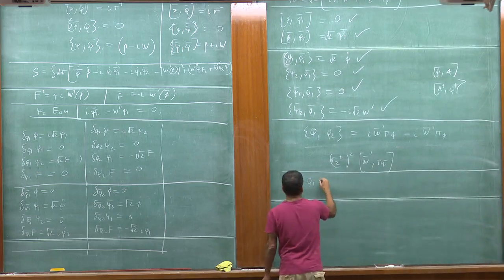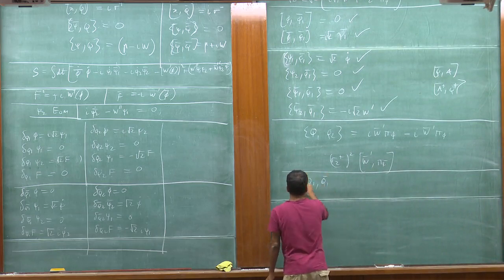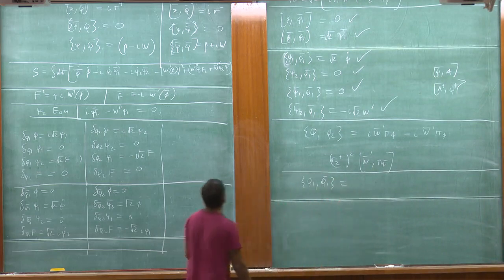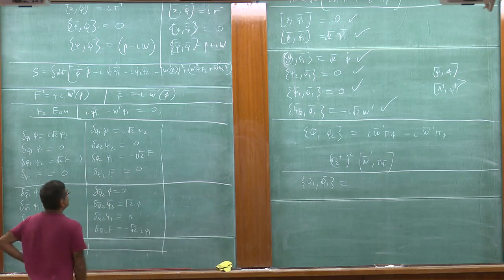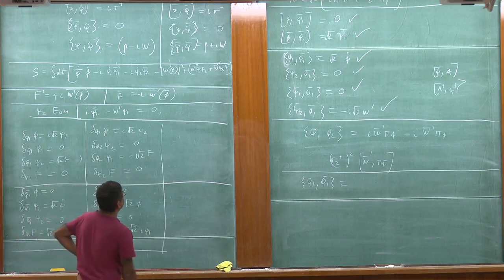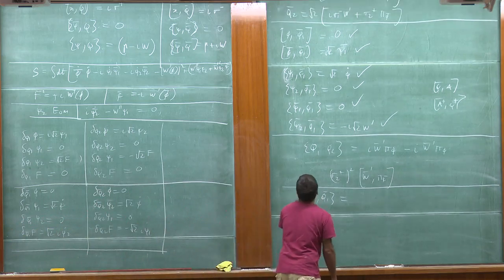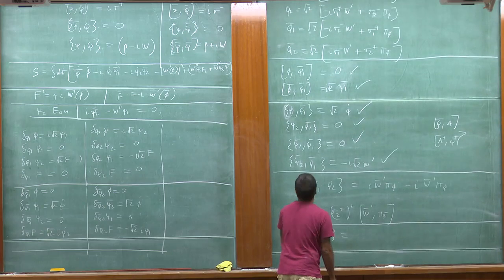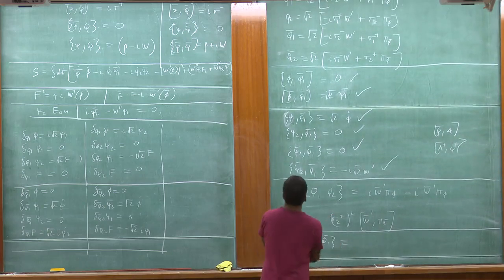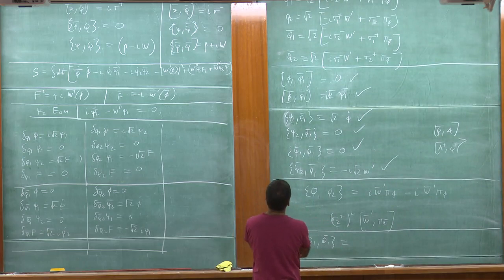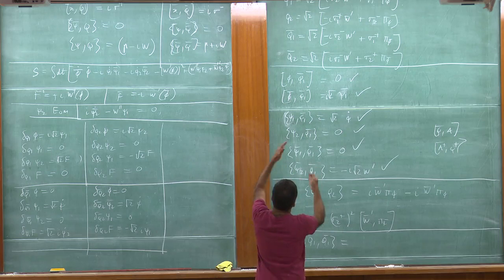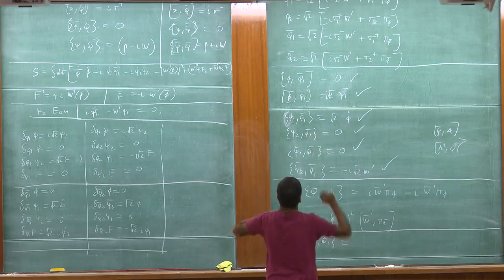So suppose I write Q1 with Q1 bar. Now we've got many terms that could contribute. Let's look at the first term on both sides. We get some contribution because of the anti-commutator of sigma 2 plus and sigma 2 minus.